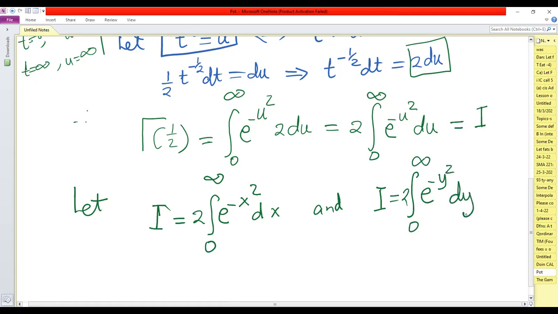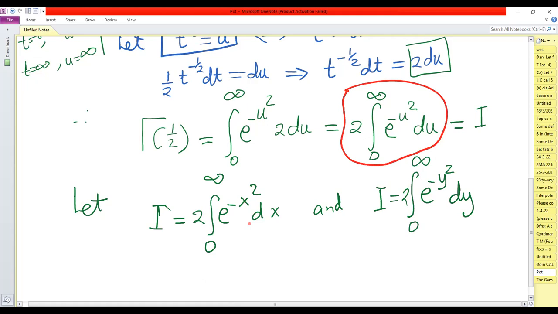So note that this integral here has the same value as what I'm calling the integral in terms of the variable x, and also has the same value as what I'm calling this integral in terms of the variable y. So these variables are simply dummy. So we can use any of the variables to suit our case.